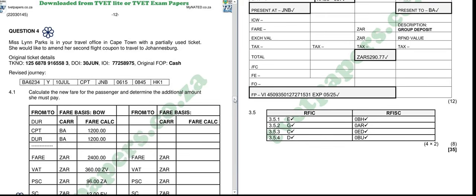Then moving on to question 4. Ms. Lin Parks is in your travel office in Cape Town with a partially used ticket. She would like to amend the second flight coupon to travel to Johannesburg. You are given the original ticket details, and you have to calculate the new fare for the passenger and determine the additional amount she must pay.